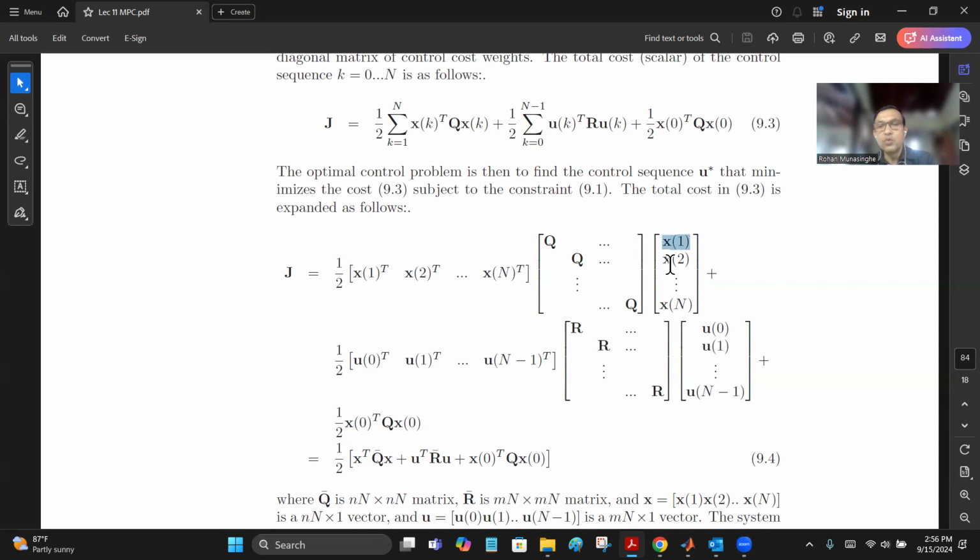And if you look at this vector here, it is also a very big vector now, because x1 means not the first state variable, but all of the state variables at time 1. Then x2 means all of the state variables at time 2, and so on. So if it is a third order system, for example, the state is a 3 by 1 vector.